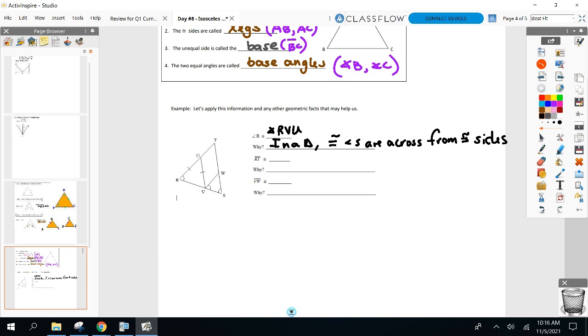Everyone all right? Okay, RT. Find me a side that's congruent to RT. Look what triangle RT belongs to and say, is this triangle isosceles? If it is, find the sides across from the angles.